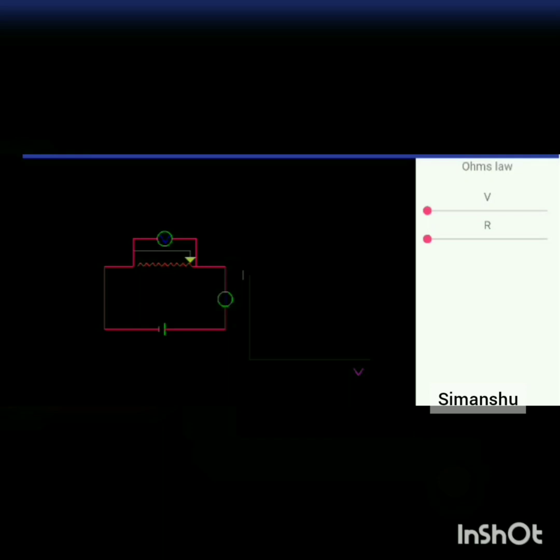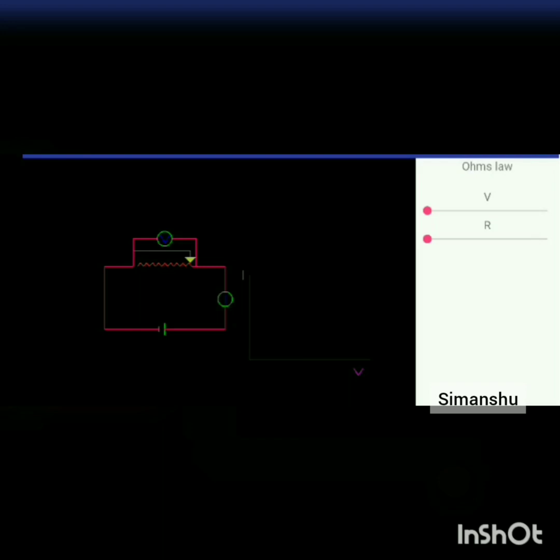It is showing you the rheostat. As we discussed earlier also, the function of a rheostat is to change the resistance in the circuit. And there is a battery also. So let us see how the change in voltage affects the change in current.